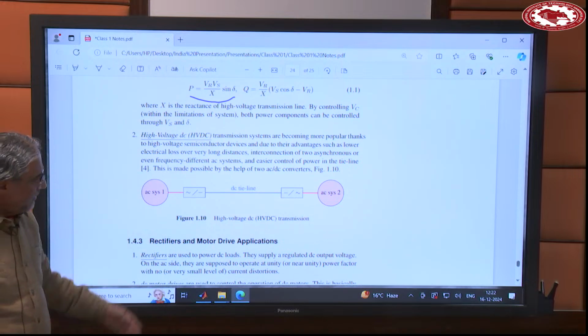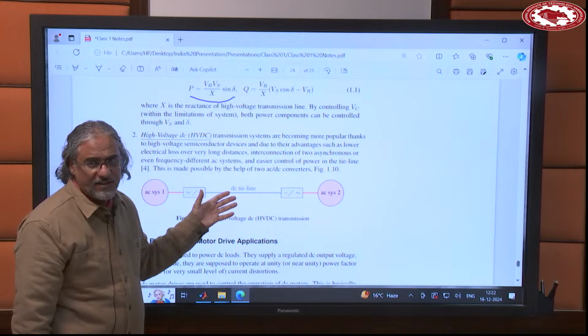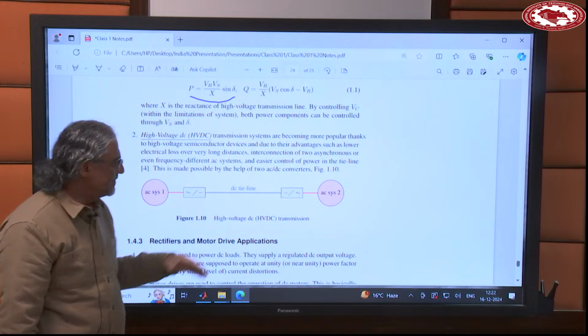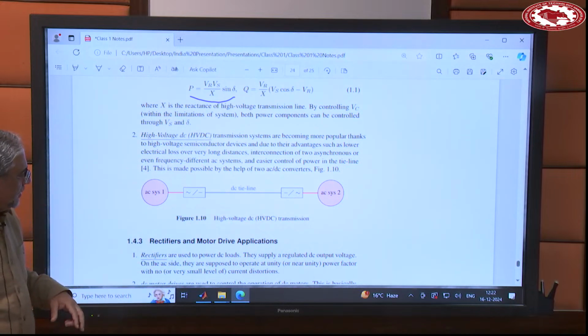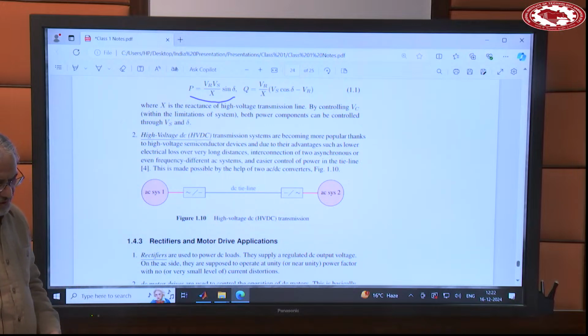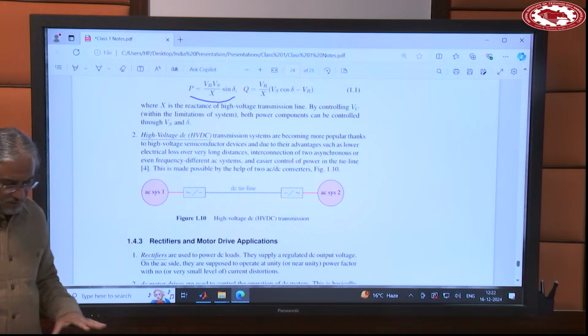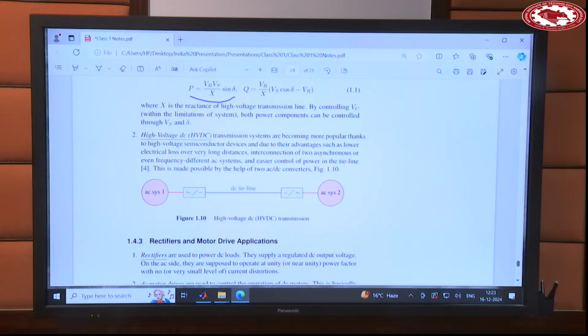But then, if it's DC, we don't have reactive power in the DC system. And also in terms of synchronization, it is more stable than AC.